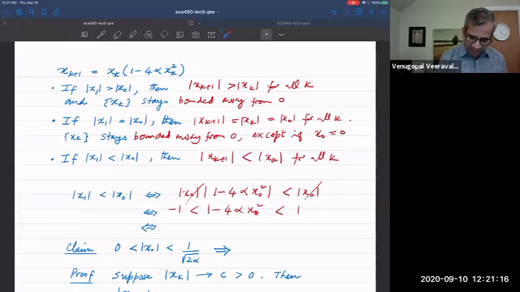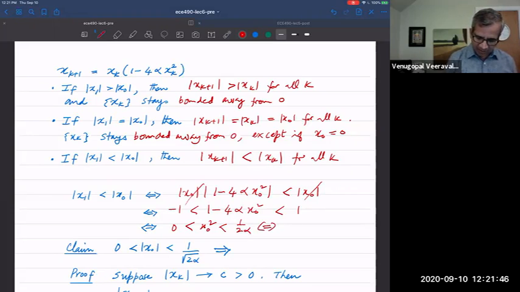So this condition will give me that x0 squared should be bigger than 0, which of course will hold if x0 is non-zero, and the other condition will tell me that x0 squared should be less than 1 over 2 alpha, which basically means that x0 itself is bigger than 0 in magnitude and less than 1 over square root of 2 alpha.